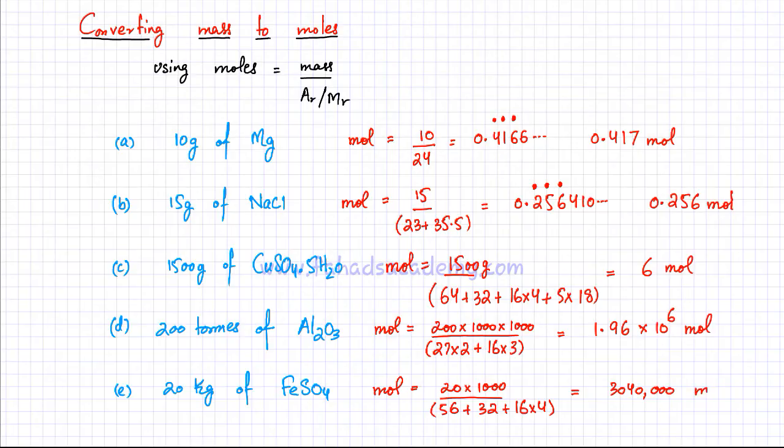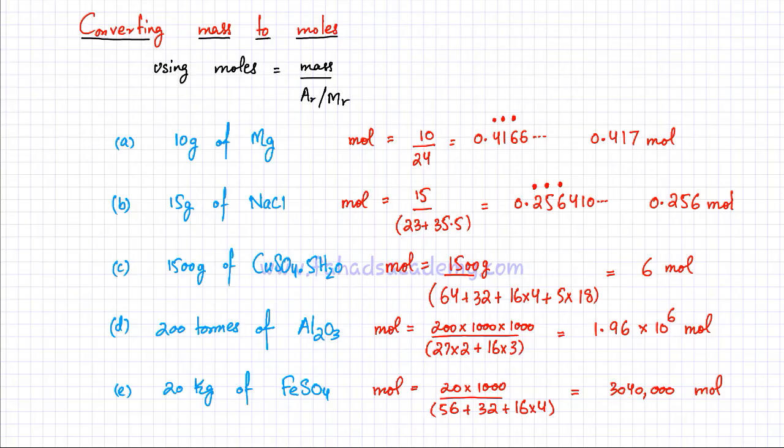That's probably a lot of moles. So 20 kg of FeSO4 has a lot of moles, so it's 20,000 divided by the MR. So this is how you're going to find moles. Most of your values are going to be rounded off to a minimum of 3 significant figures.